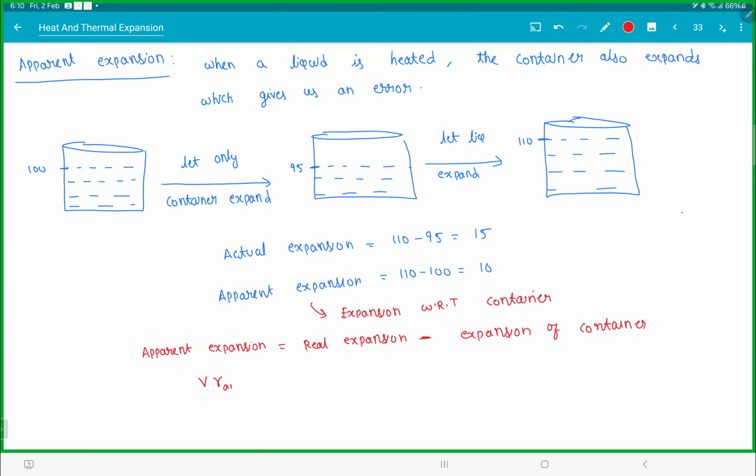So V gamma apparent delta T is V gamma real delta T minus V gamma of container, where gamma is 3 alpha. For solids, gamma is 3 alpha. For liquids, there is no alpha and beta, only gamma. So V gets cancelled off, and we end up with gamma apparent is gamma real minus 3 alpha.